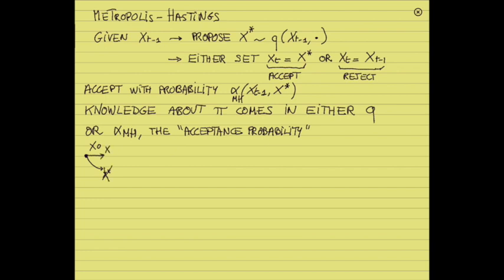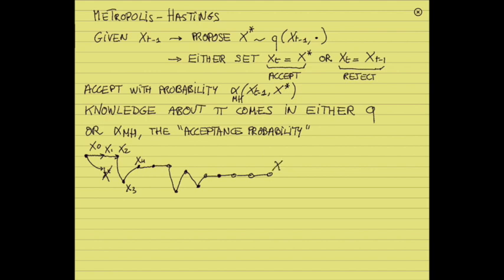Basically, from x0 we propose x star, maybe we don't accept it, so we stay. So x1 equals x0, x2 equals x1, x3 is a proposed point that is accepted, x4 is also a proposed point accepted, x5 looks like it's equal to x4, and so on and so forth. So the chain either moves or stays where the previous state was.